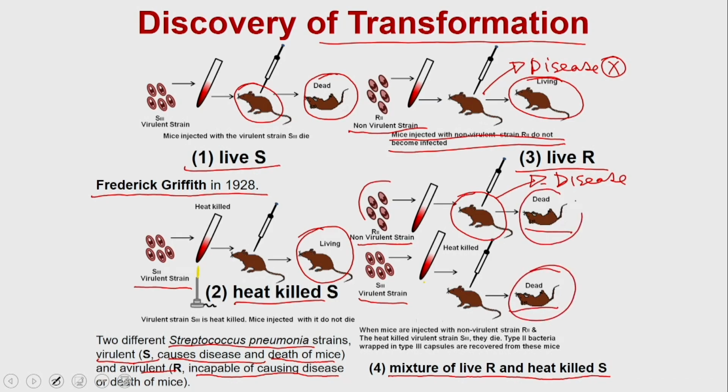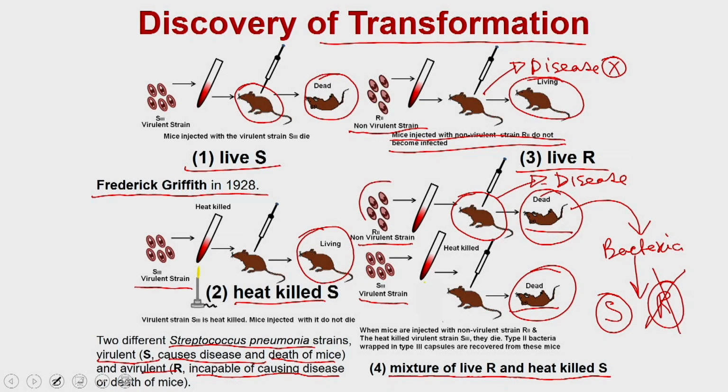What they have also found is that when they isolated the bacteria from these killed mice, they could not find the non-virulent strain. What they could find is that it actually contains the S strain instead of R strain.